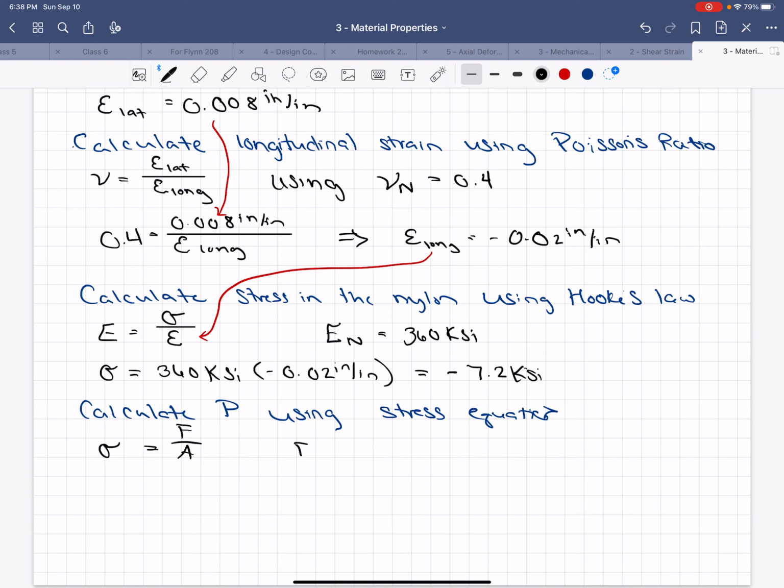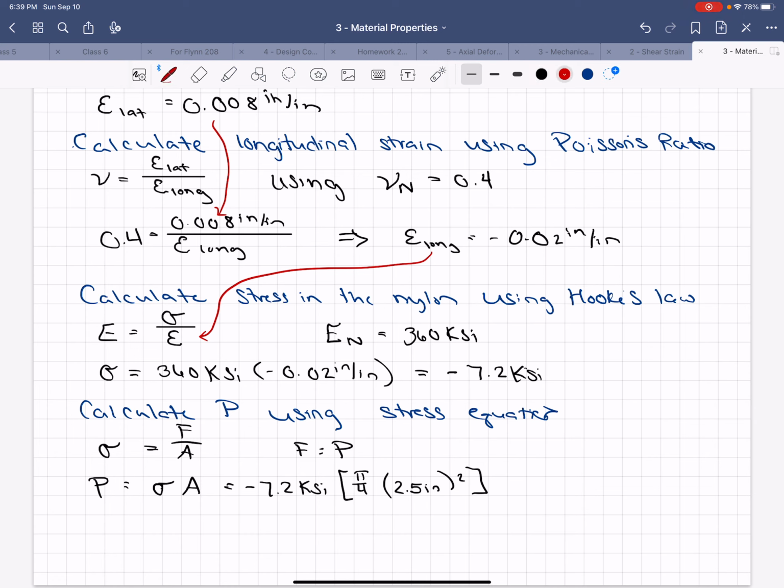And here, F equals P. So P equals sigma times the area. So this equals negative 7.2 KSI times the area, which is pi over 4 times the original diameter, 2.5 inches, squared.